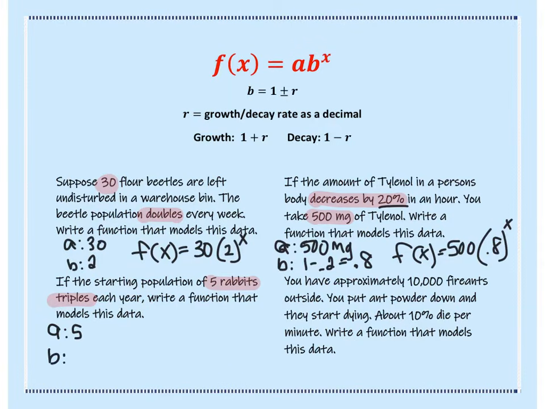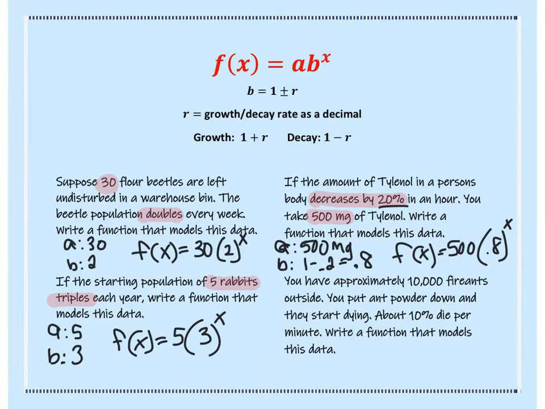My b value, they said it's tripling, which means it's going to be greater than 1 because it's increasing, and tripling means it's going to be 3 times the amount. So my function for this is f of x equals, I start with 5, but it's tripling every year. X stands for the number of years. So again, if I have 0 years, 3 to the 0 is 1. I'm starting with 5 rabbits.